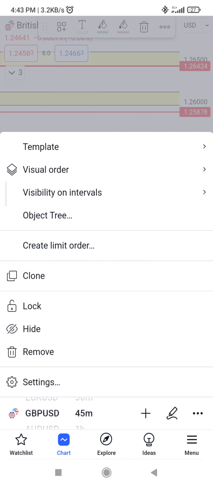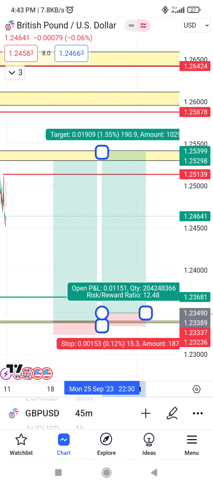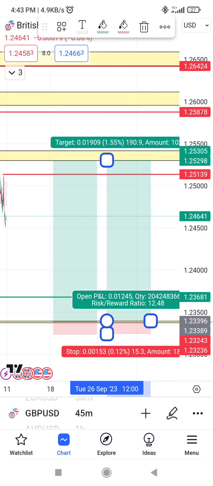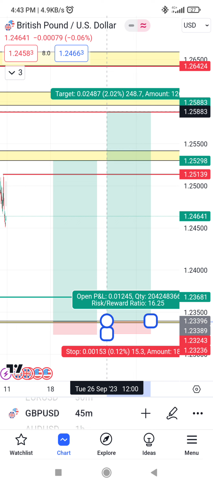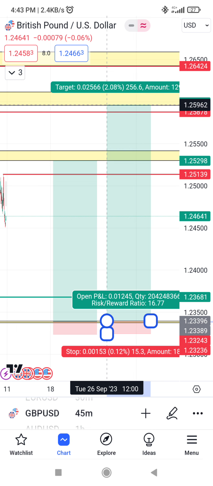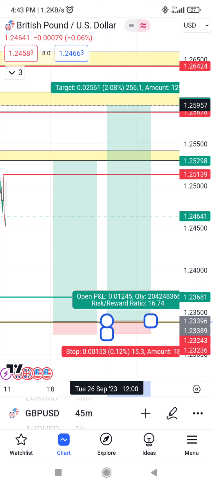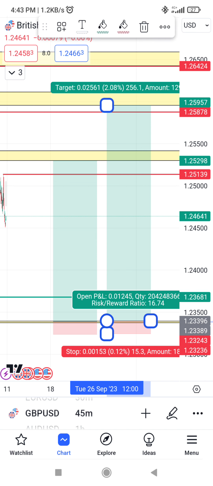Then the second one, my TP2 will be somewhere here, once this liquidity is taken. But remember, you can also use 50% of the fair value gap to be safe. This is 1 to 16.